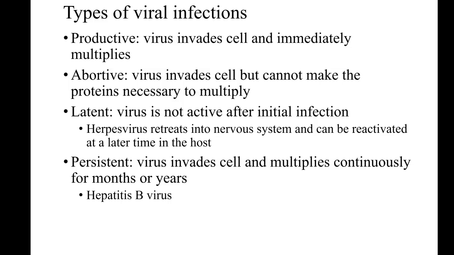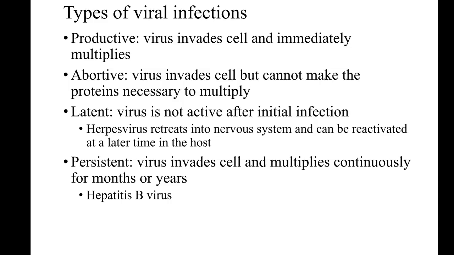An abortive viral infection, this is when the virus can adsorb, it can inject its DNA, can get in, but it doesn't really have the proper machinery in order to continue with that replication. So those proteins and enzymes just aren't going to be compatible. This is kind of like if you've never flown a plane and you get into the cockpit of a plane and you're looking at all of those buttons and dials and saying, what do I do here?